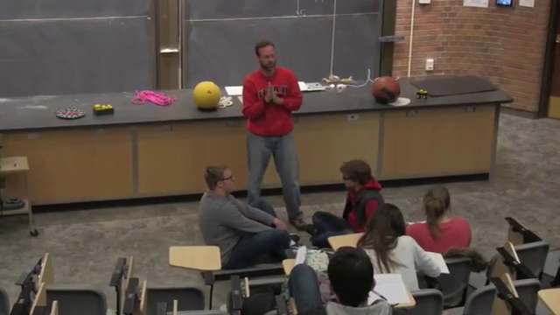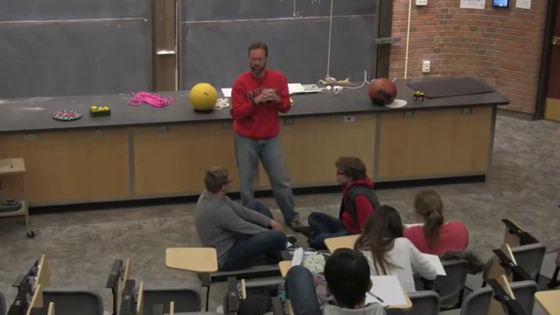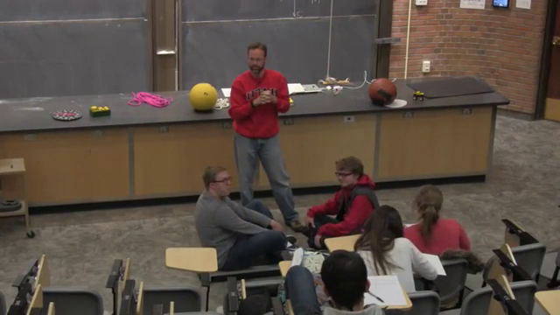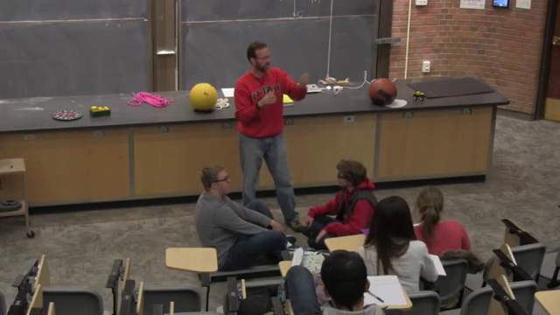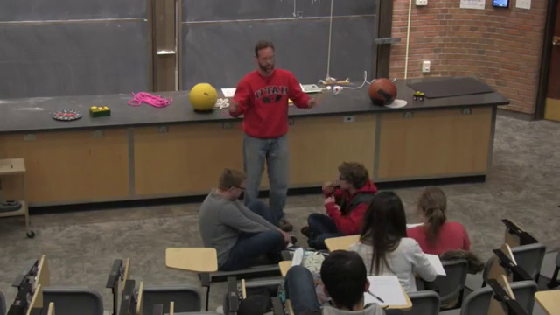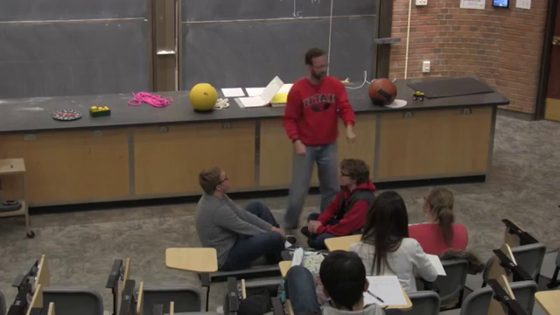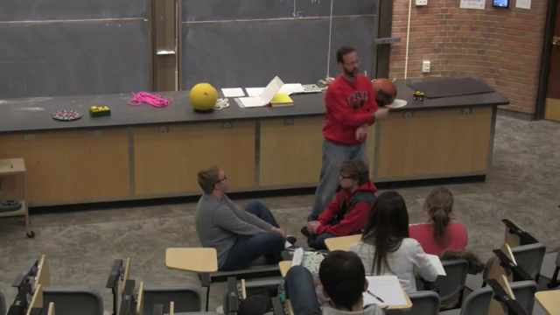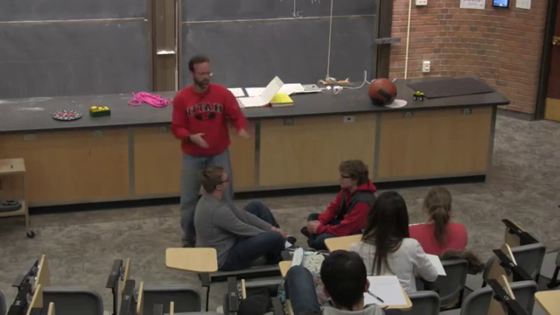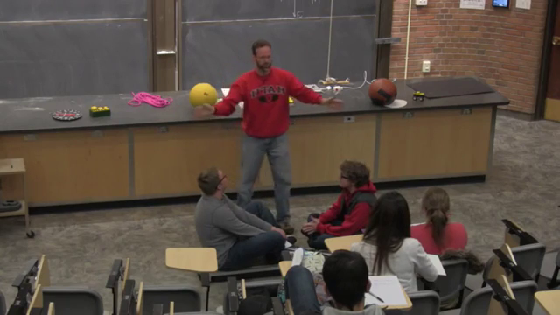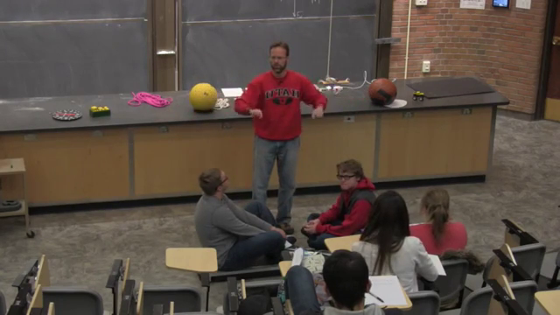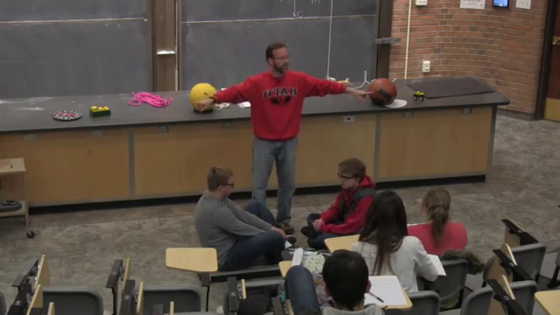See if you guys made any good observations. They rolled backwards. Good. They both moved. Because if he exerts a force on him, then he feels a force that way, and vice versa over here. So they both moved. Did you notice their motion? Could we describe their motion? It was opposite in direction.